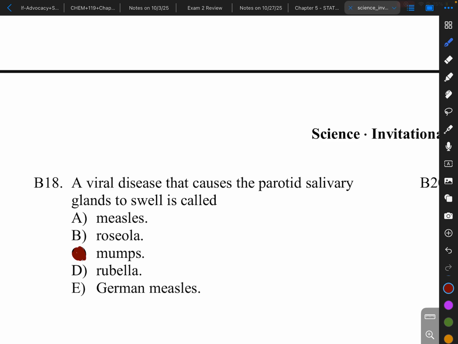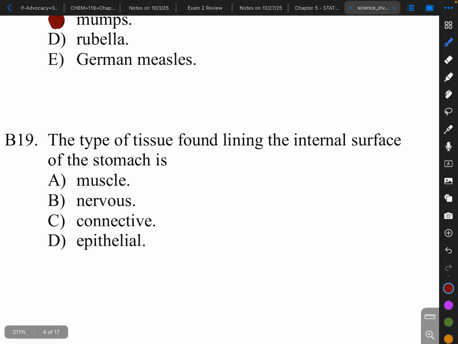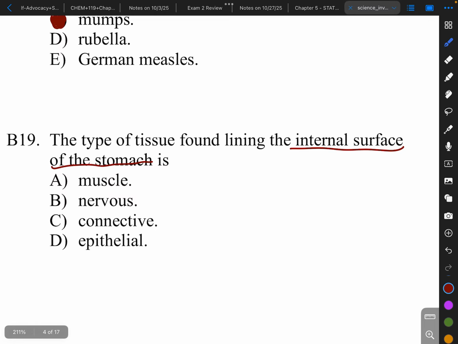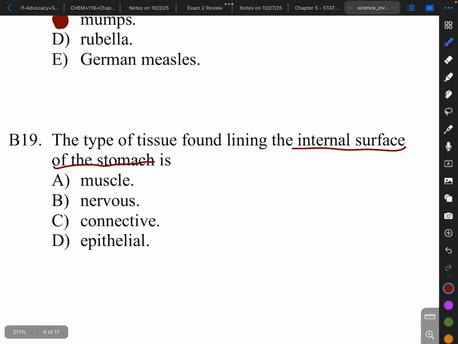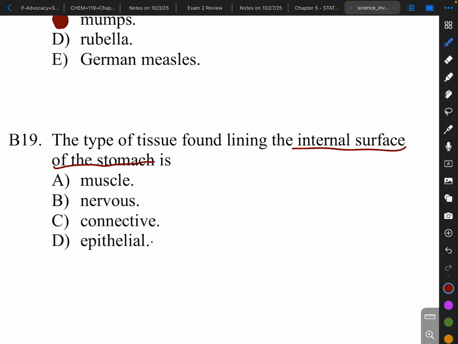For 19, the type of tissue found in the lining of the internal surface of the stomach is called what? Remember, any tissue that is lining something, including your skin, the internal of our stomach, the inner trachea, around our lungs, any type of tissue that lines some other organ is epithelial tissue. So that would be the answer.